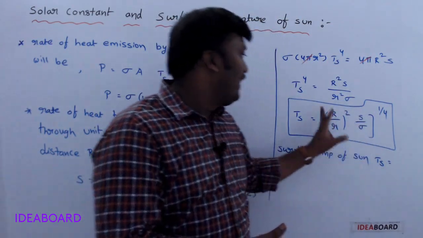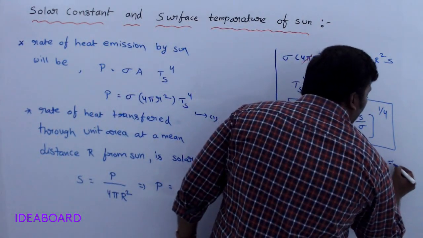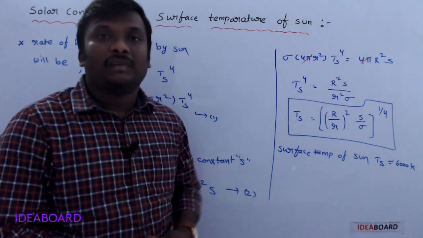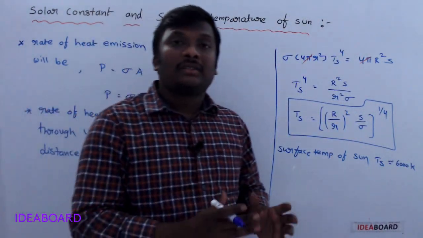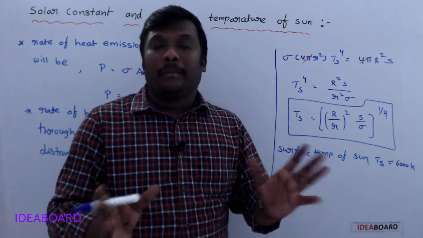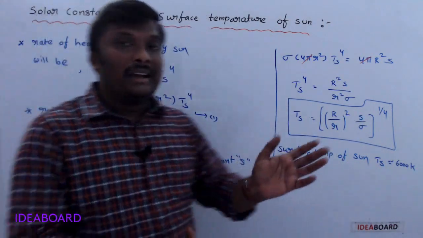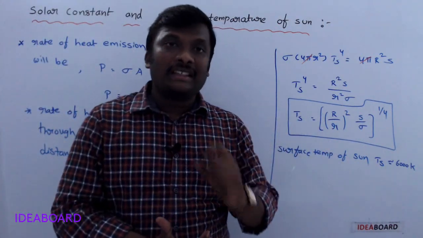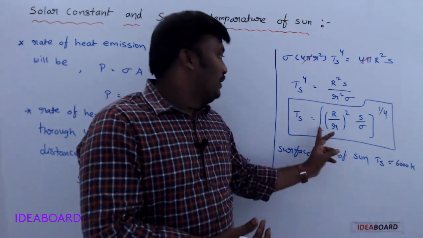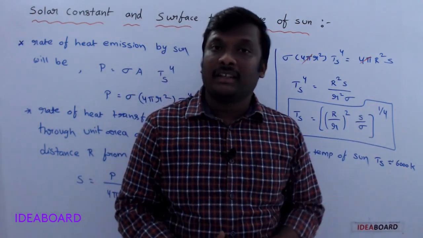If you substitute all these values, then the value of Ts is approximately coming as 6000 Kelvin. This is nearer to the practical value. So it is the theoretical formula and that is the practical value. You just remember the final formula for the surface temperature of the sun, that is enough.